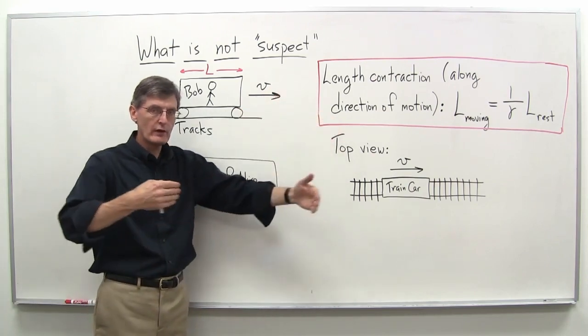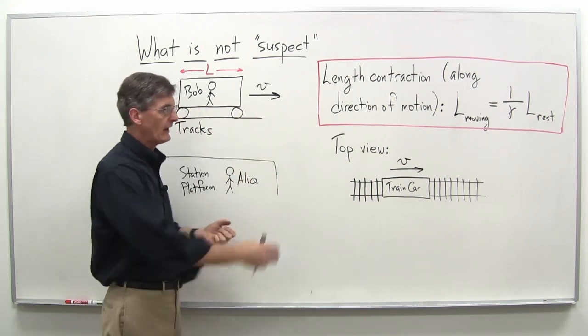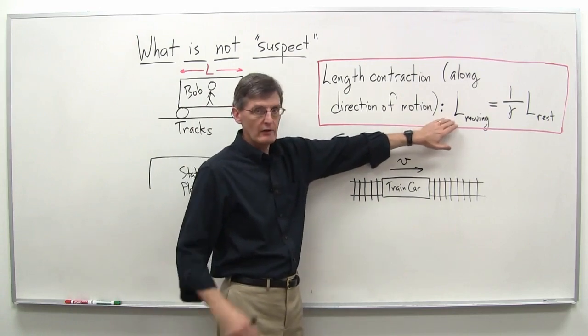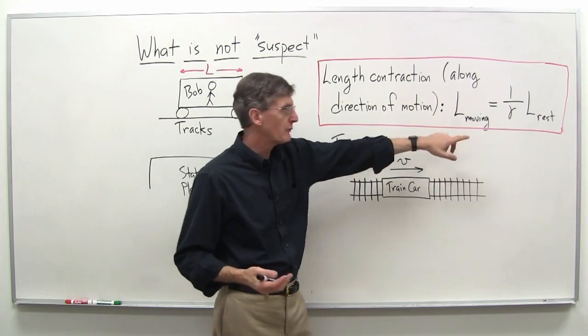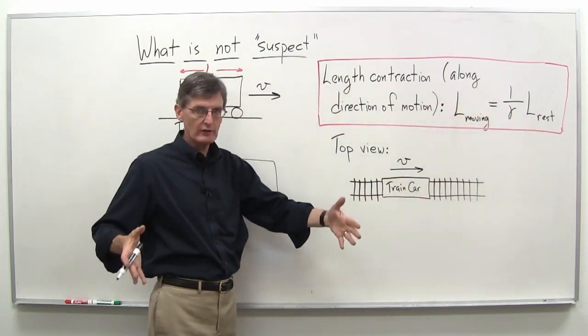So if you have a moving object going by you, and you measure the length of it as you watch it go by, you will get an answer, the length from your frame of reference, that will be 1 over gamma times the length of that object if it's just sitting there at rest next to you.